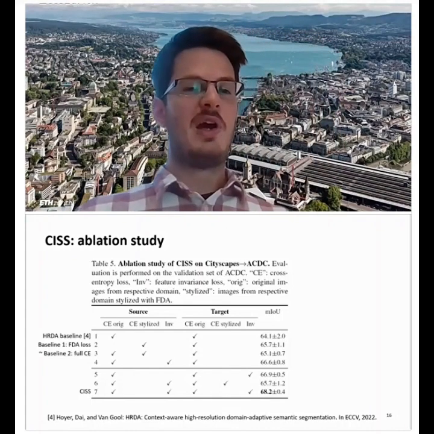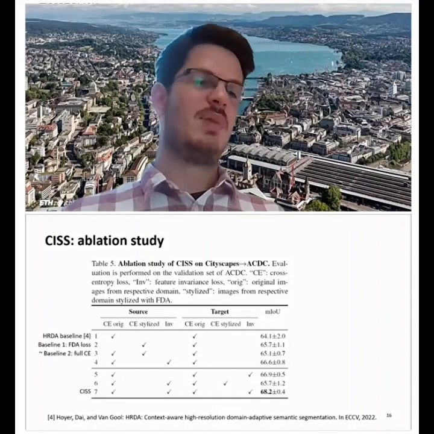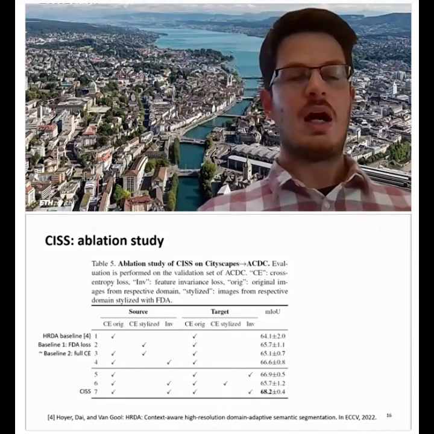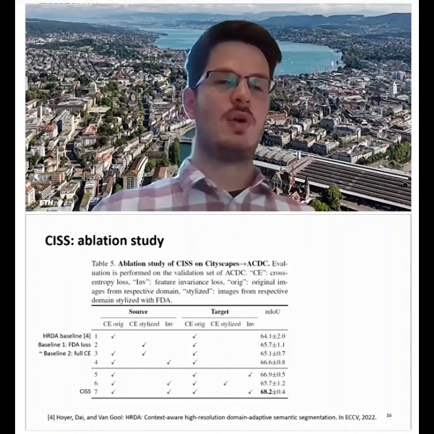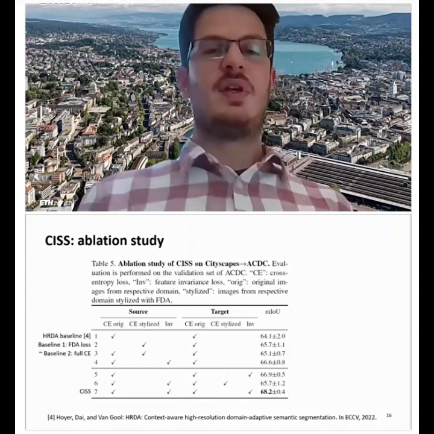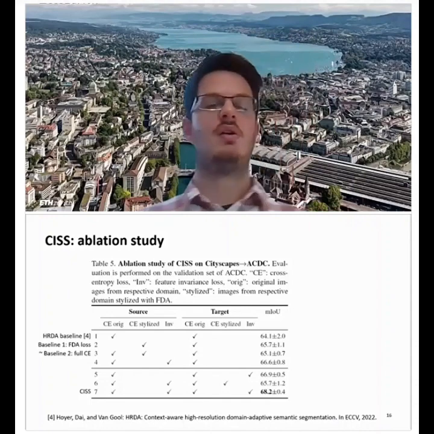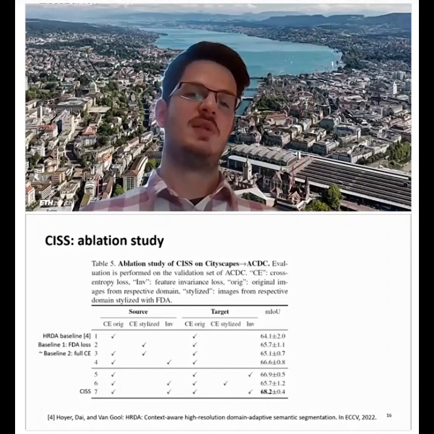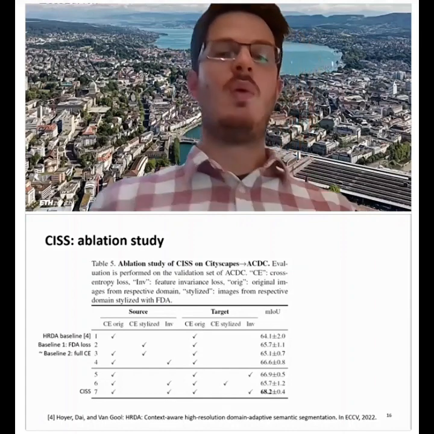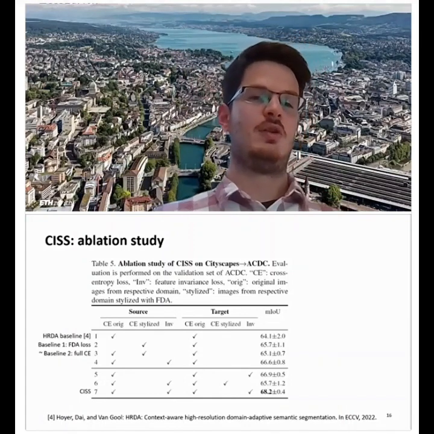And compared to the FDA baseline, our invariance loss in the source domain only, which is row 4 of the table, gives a further boost in performance, going to around 66.5 or 67% mean IOU on the validation set. So 1% better than the FDA baseline already.